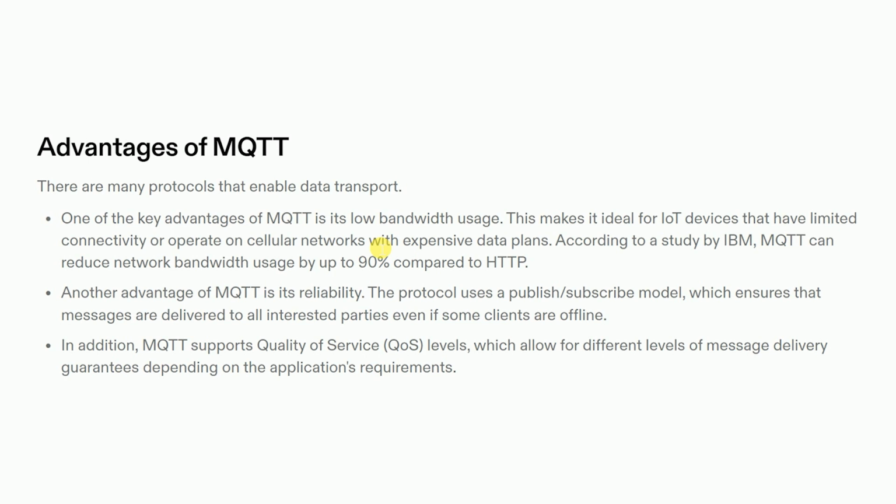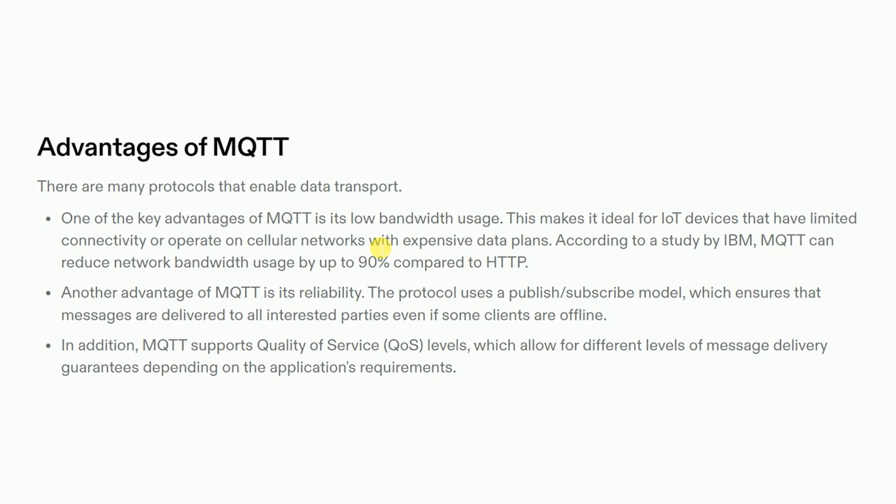What are the main advantages of MQTT? It's lightweight and supports low bandwidth applications. It can be used for applications where you cannot afford a cellular network with expensive data plans, and it has much less network usage compared to HTTP.